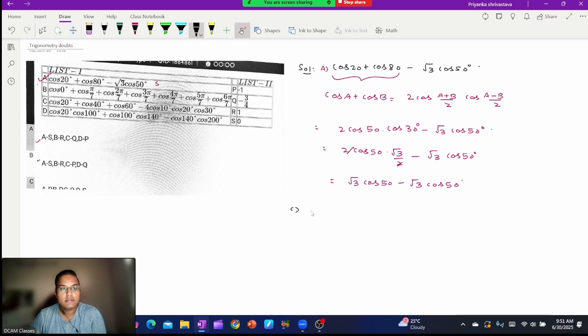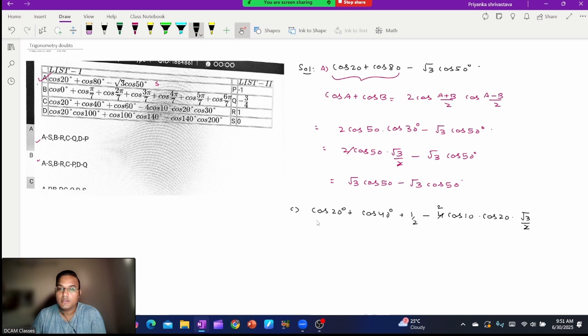The C part is cos 20 plus cos 40, cos 60 we already know, it is 1 by 2, minus 4 cos 10 cos 20 into root 3 by 2.